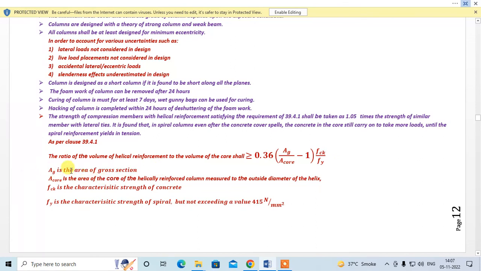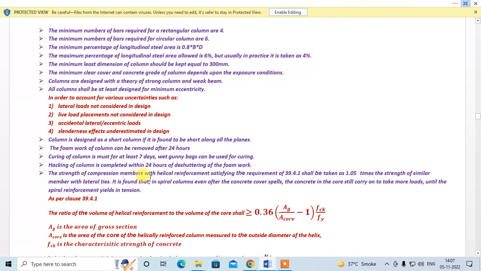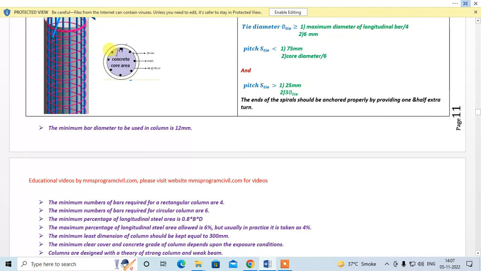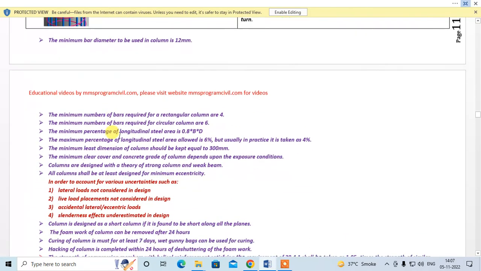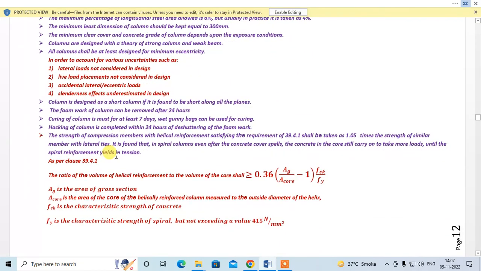Ag is the area of the gross section. Ac is the area of the core section, right? This is the area of the core section, right? Fine. fck is the characteristic strength of concrete, and fy is the characteristic strength of the spiral reinforcement, but not exceeding a value of 415 N/mm².